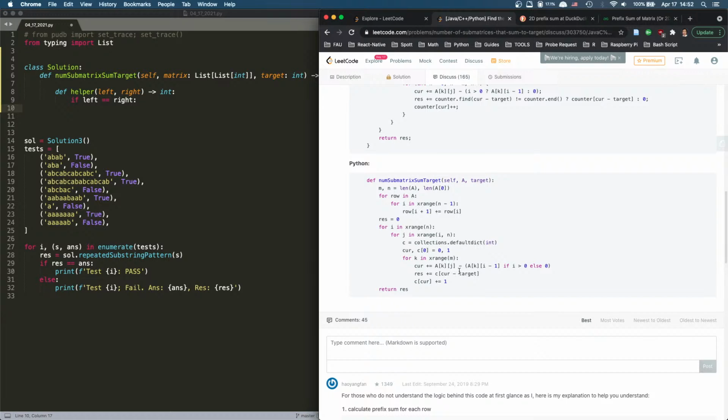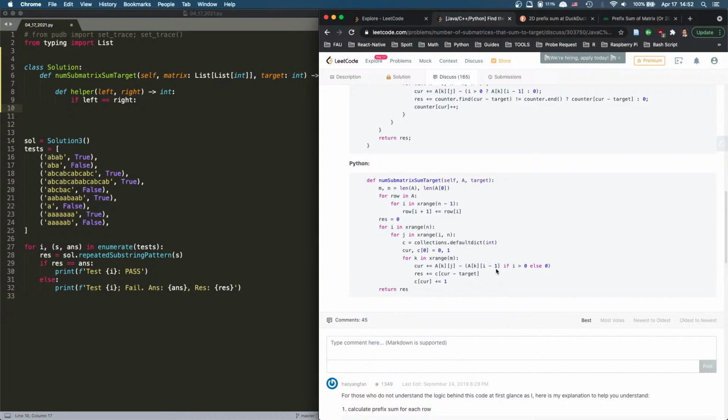Minus. No, that's the current. Yes, that's the current row. This is the current sum of the row, which is current minus the previous row, which is I minus 1.